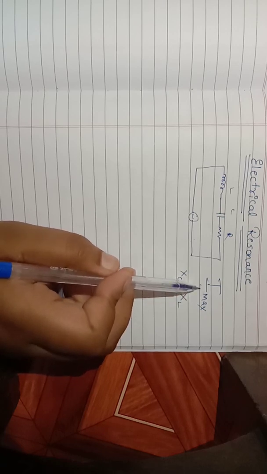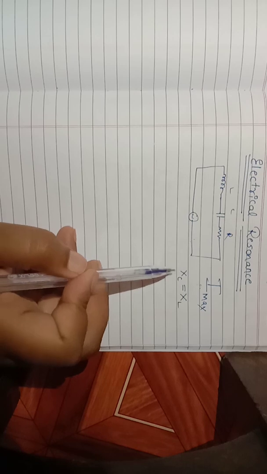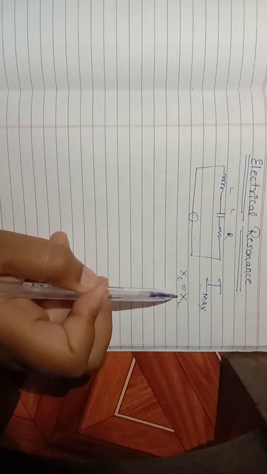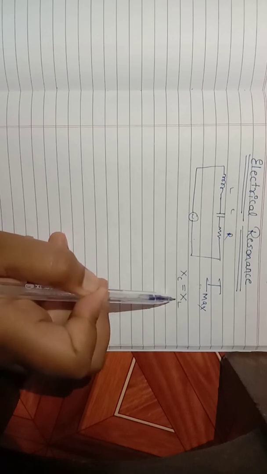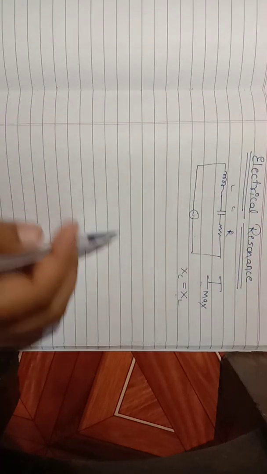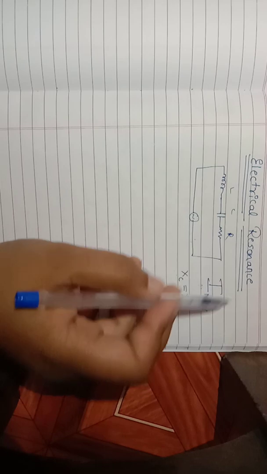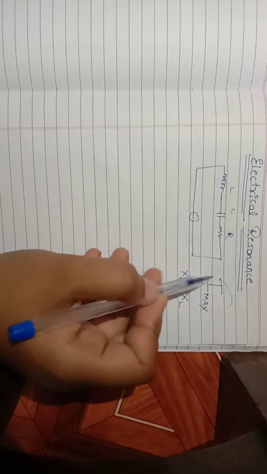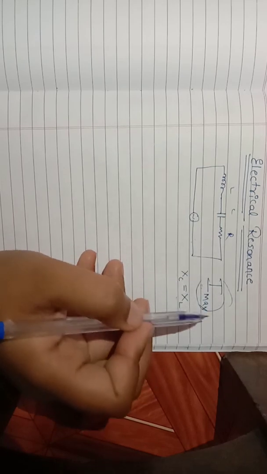Understood? Means in this series LCR circuit, the current is reaching the maximum value.